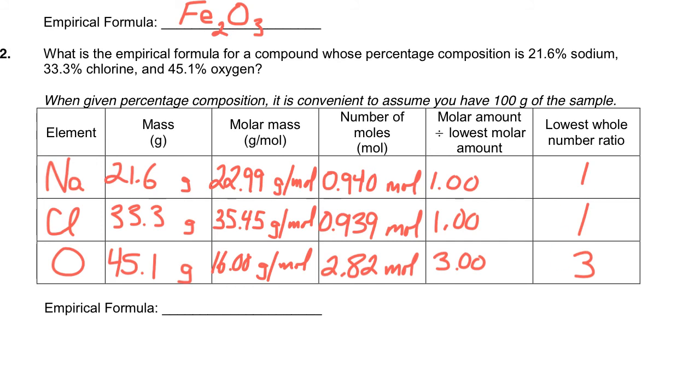So this means that for every 1 sodium atom, there is 1 chlorine atom and 3 oxygen atoms. So my substance is NaClO3, 1 sodium, 1 chlorine, 3 oxygens. It ends up my sample was sodium chlorate. So that's how you can use mass or percent composition to figure out an empirical formula of a compound.